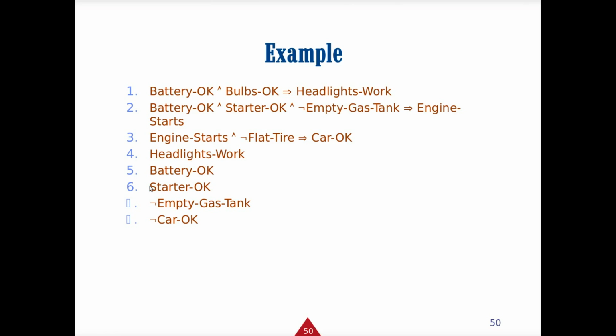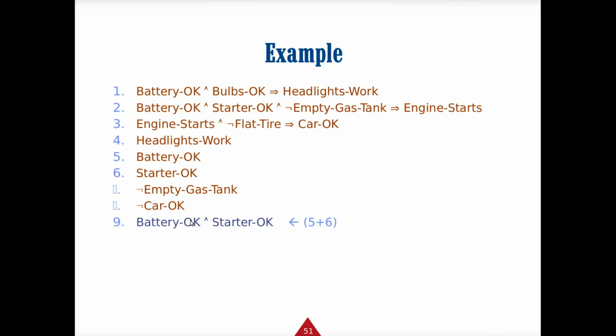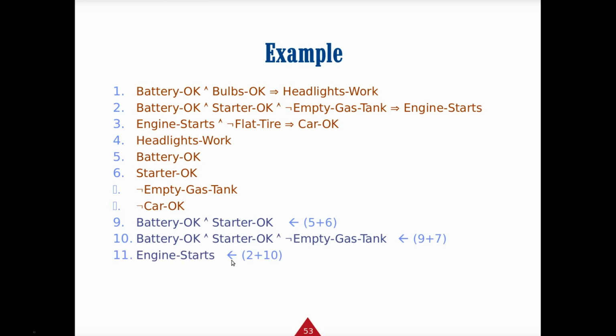So the assertions are your lights work, your battery's okay, your starter's okay, you don't have an empty gas tank, but your car's not okay. So we know the battery's okay and the starter's okay, so that meets this criterion here. And we know the battery's okay, the starter's okay, and we don't have an empty gas tank, so that's 5, 6, and 7.